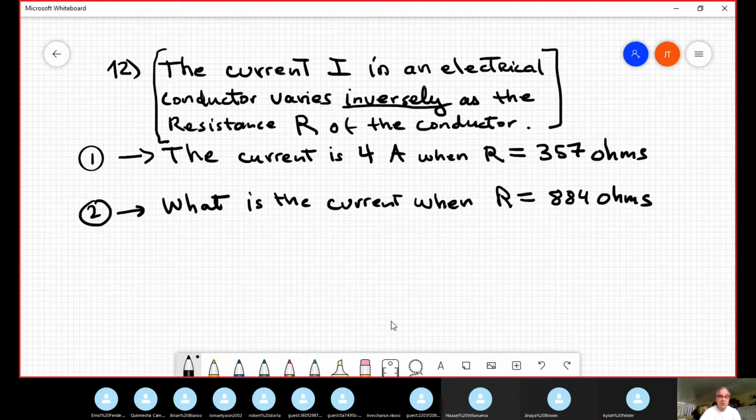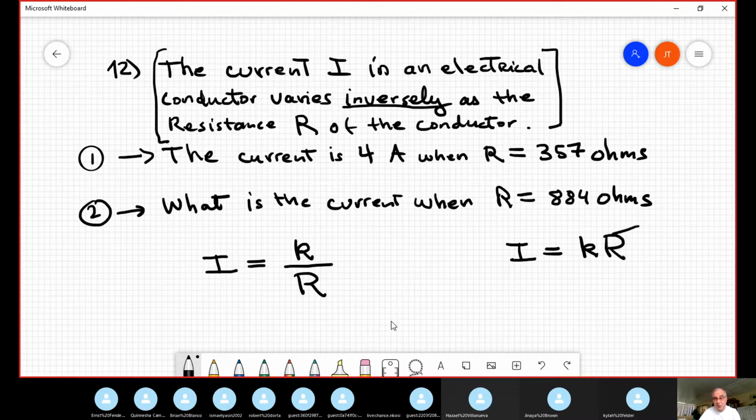And remember, inversely proportional means the current I is a constant of variation or constant of proportionality divided by R, something like that, because it's inversely proportional. If it were just directly proportional, the formula is different, it's K times R. But no, in our example, it's inversely proportional.